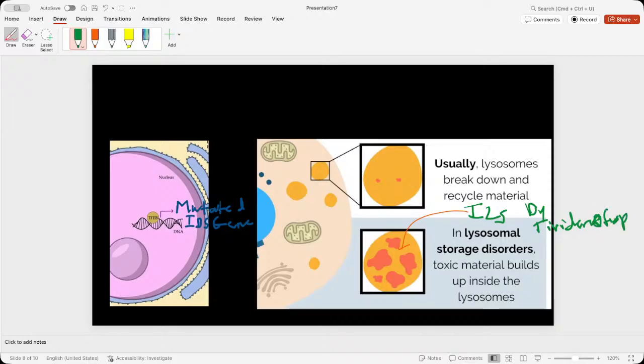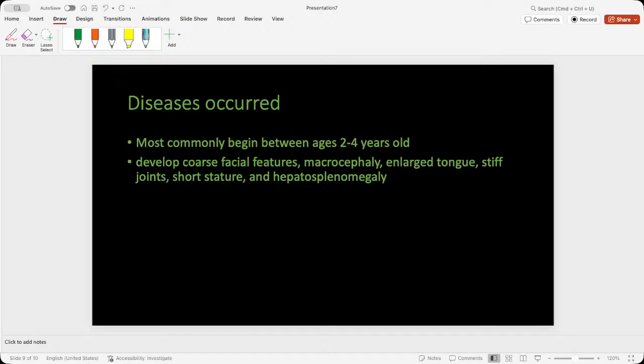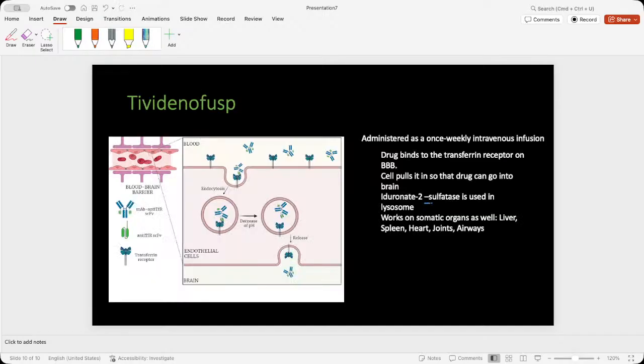And it's going to essentially replenish that so things can start becoming normal again, causing a reduction in the buildup of the GAGs.